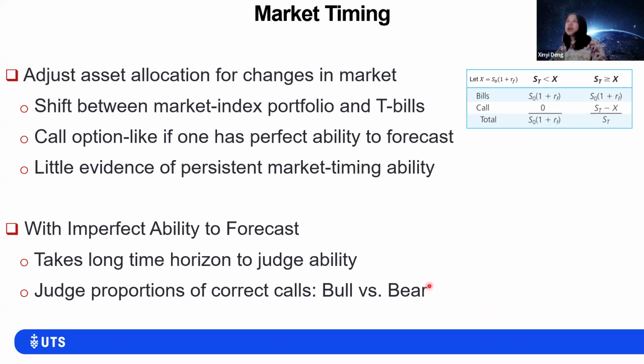So for the second point, I'm just trying to say that if we want to measure the market timing performance with imperfect ability to forecast, we have to also look at the proportion of bull markets correctly forecast and also the proportion of bear markets correctly forecast. Yeah, that's market timing.